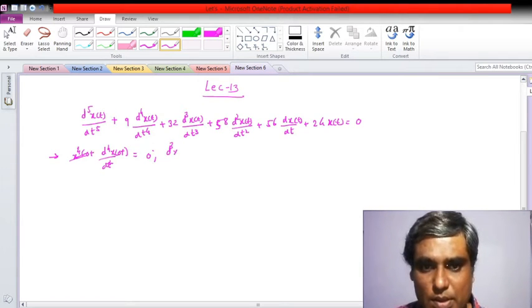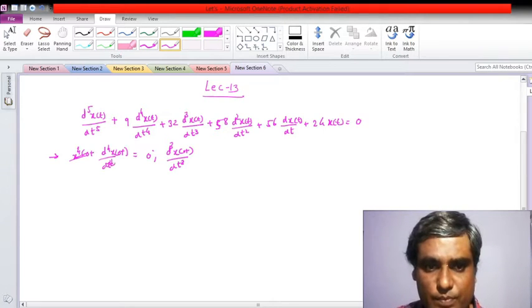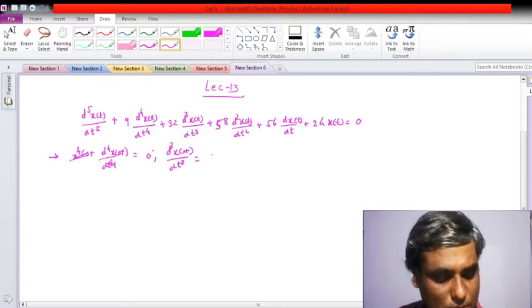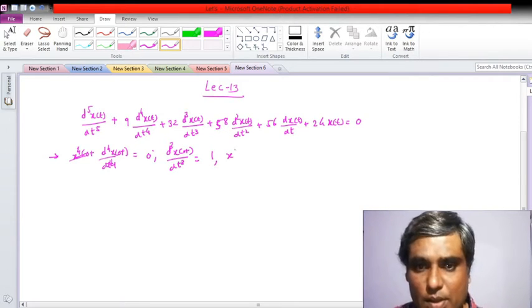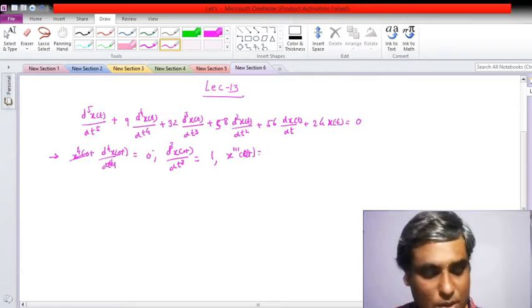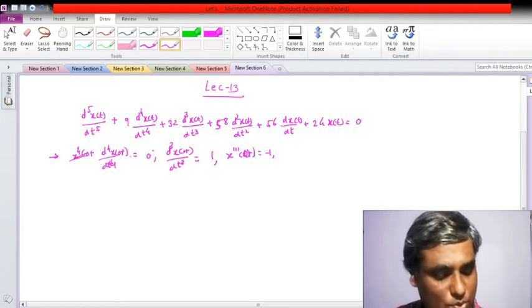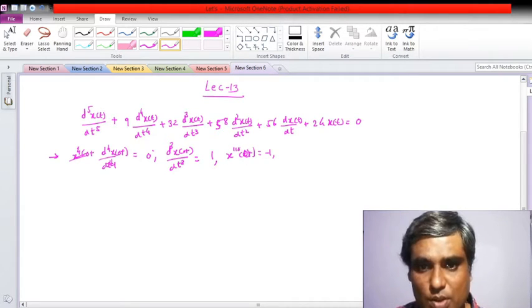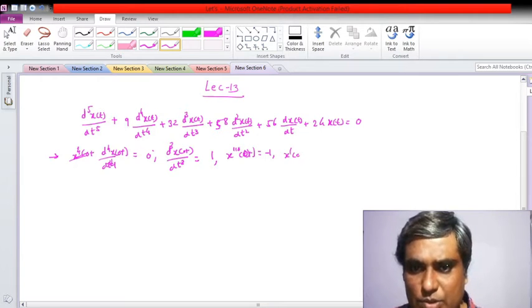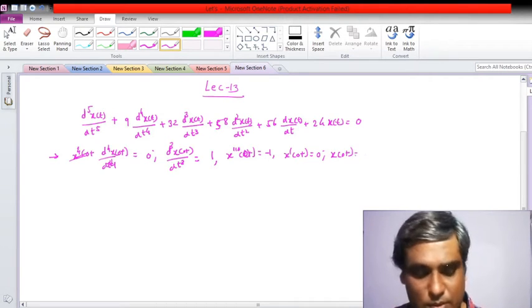Then d3x of 0 positive by dt cube is 1. x3 is 1, x4 is 0, x2 is, say, minus 1. x dash of 0 positive is 0 and x of 0 positive is, let's say, 1.